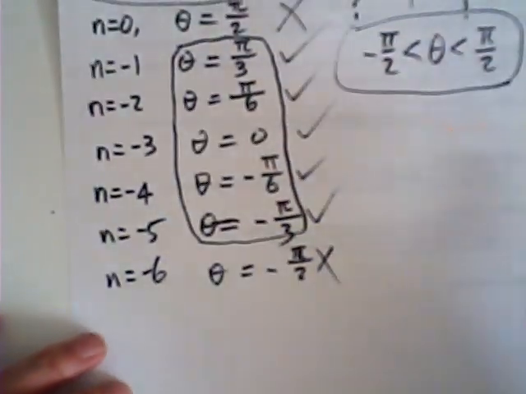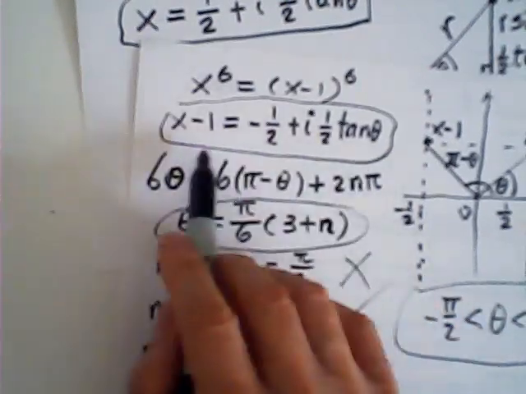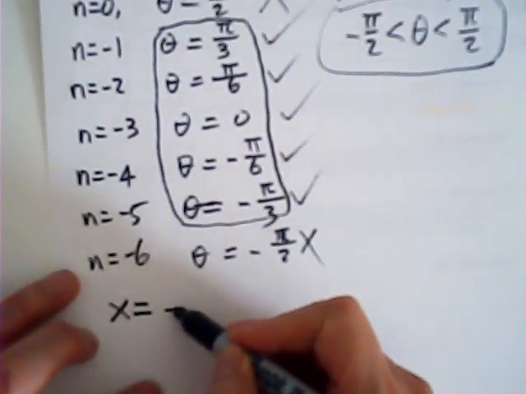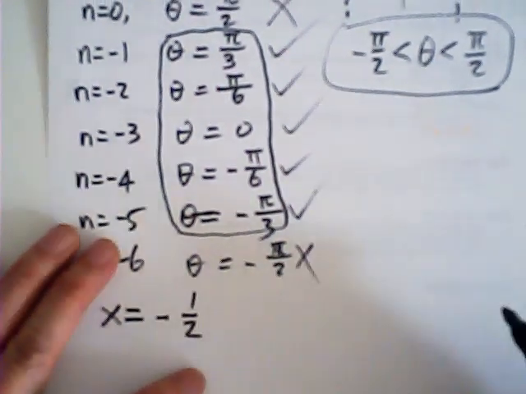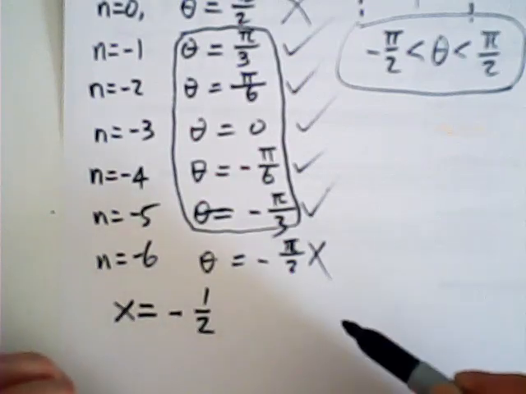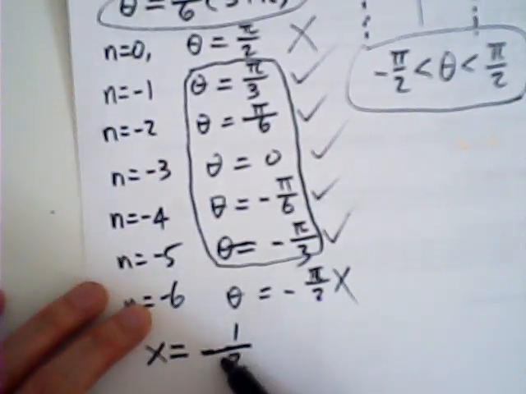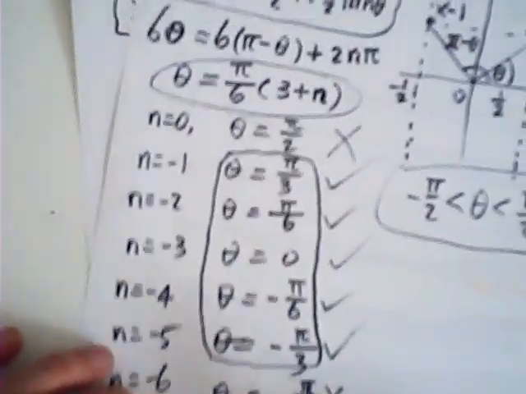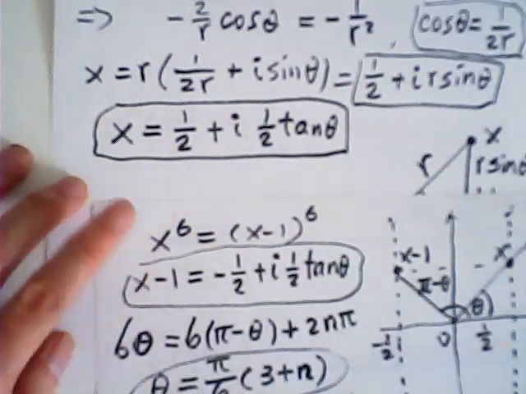So our x is this, right? We just plug theta there. When theta is 0, it's half. I'm talking about x, not x minus 1. I'm talking about x. X is a half plus this, okay?